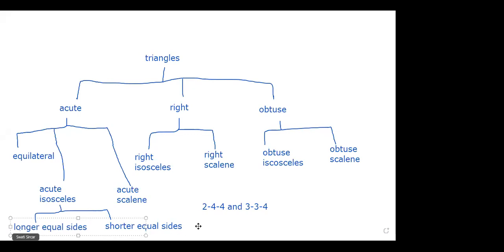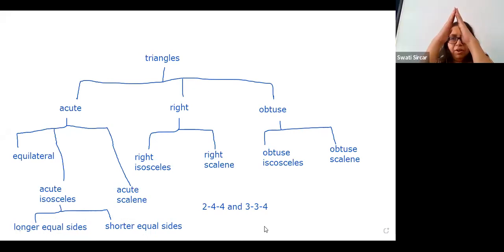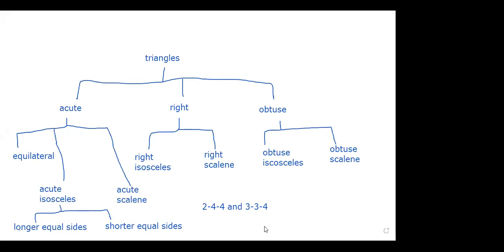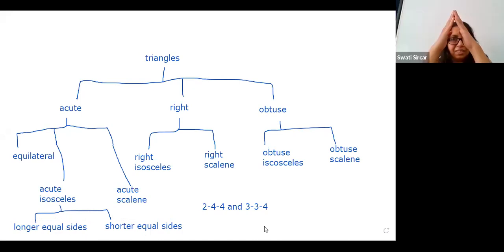For the longer equal sides, it will be shorter between the 2 longer equal sides. So if you have a triangle like this, like the 2, 4, 4, then what can you say about this angle? It will be the smallest. What is the highest possible value of this?